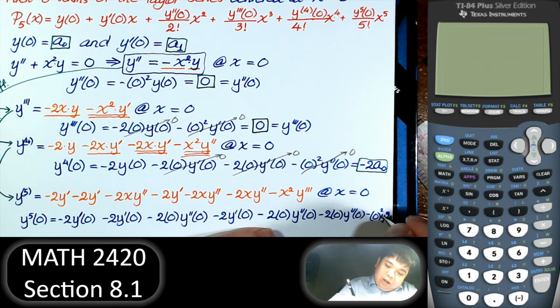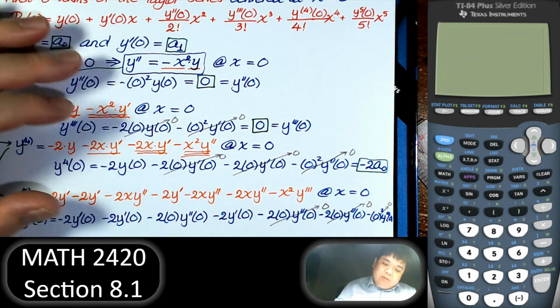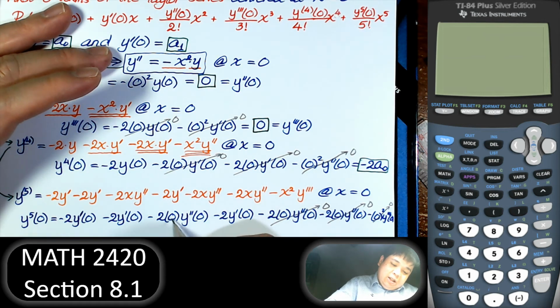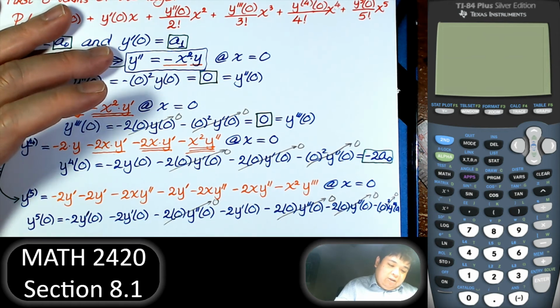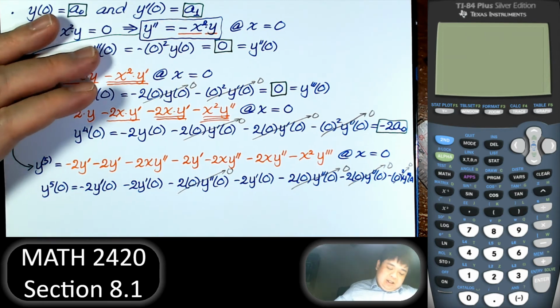Right, so this one has 0, so that goes to 0, this goes to 0, this goes to 0, this one has x, which is 0, so it goes to 0. So how many do we have? Negative 2, negative 4, and negative 6.